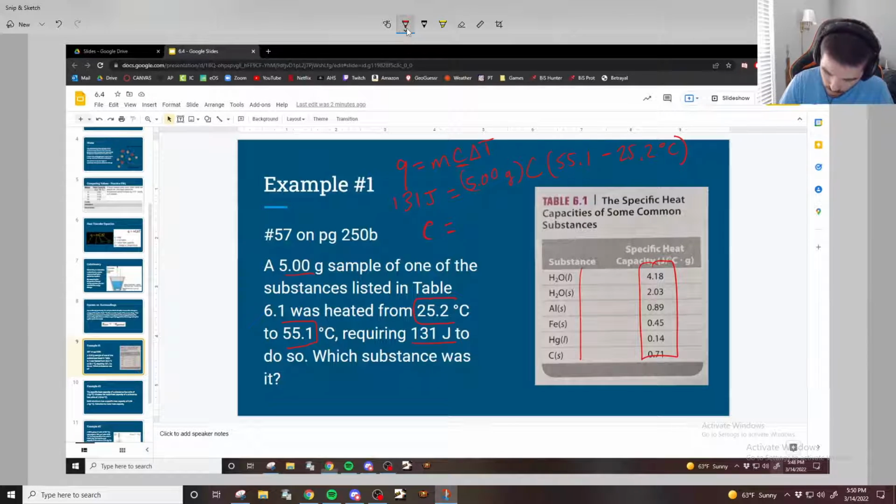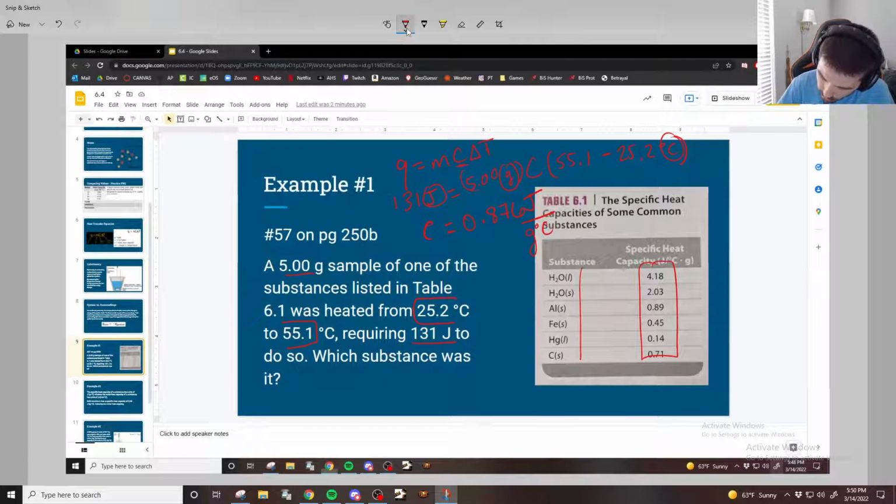The value that I'm getting for C with 3 significant figures, since I've got 3 sig figs in my problem, is 0.876. And if you look at the units, this is joules per gram degrees Celsius. We're dividing by those on the other side, right? So 0.876 joules per gram degree Celsius.